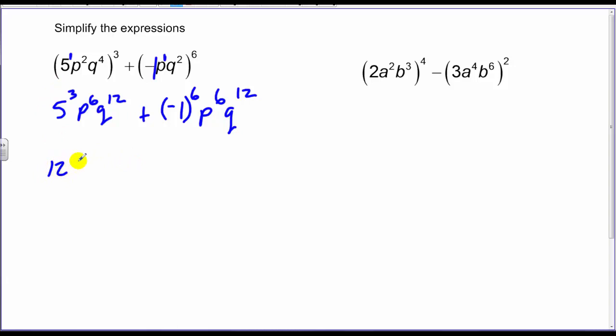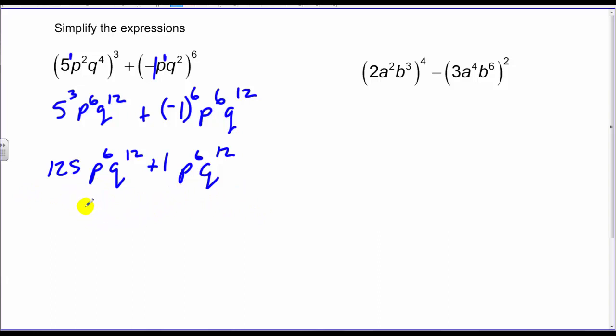This is 125, 5 to the 3rd, p to the 6th, q to the 12th. Negative 1 to the 6th power is just 1, p to the 6th, q to the 12th. Now, this problem is asking me if I can take and add these terms. In other words, are they like terms?